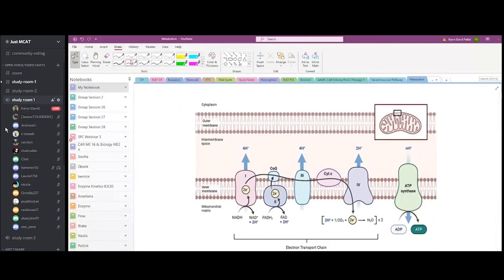Does anybody know? Seven. Yeah, it's around 7, just like our blood. Our body pH is around 7, 7.2, 7.4. It's around 7.